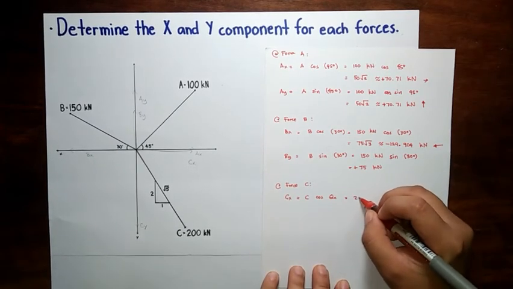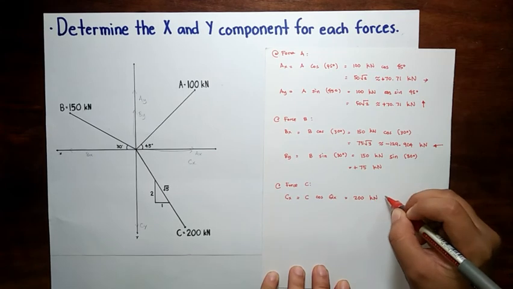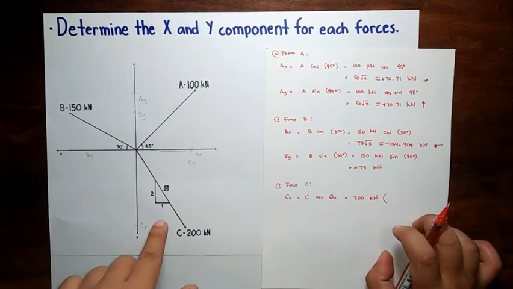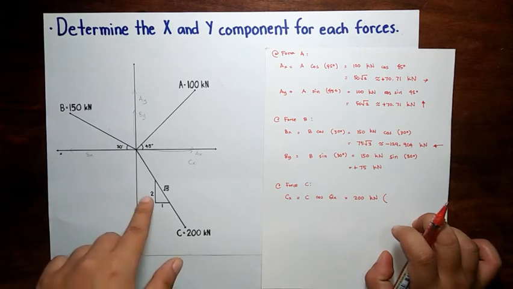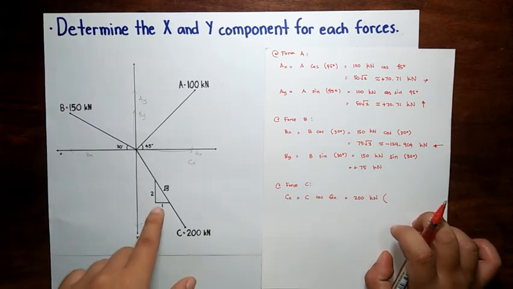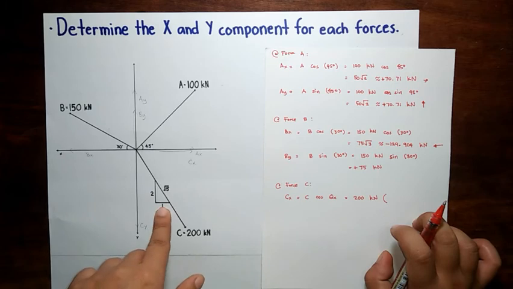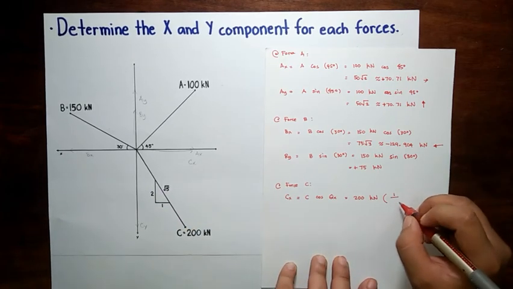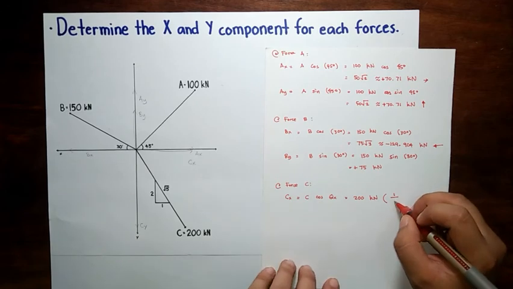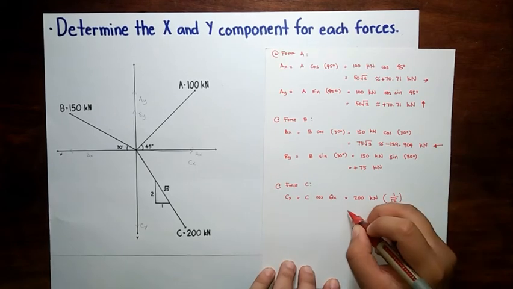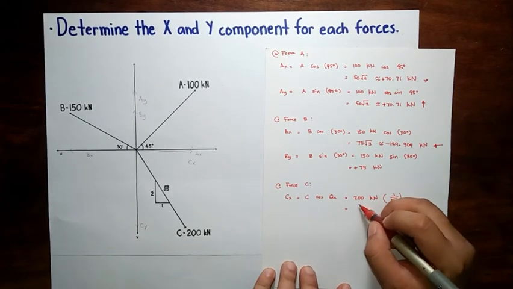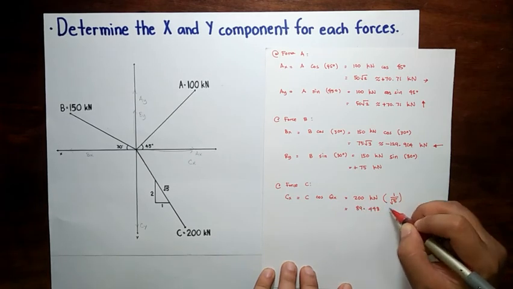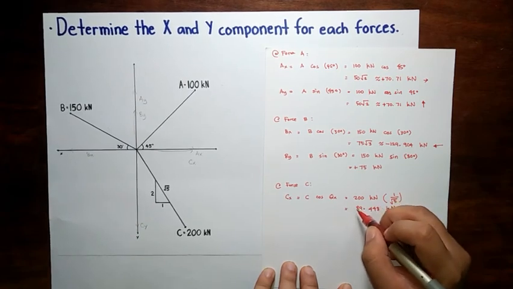So that would be 200 kilonewton times the adjacent over the hypotenuse, so 1 over square root of 5. That would be equal to 89.448 kilonewton, and that is positive because it's going to the right.